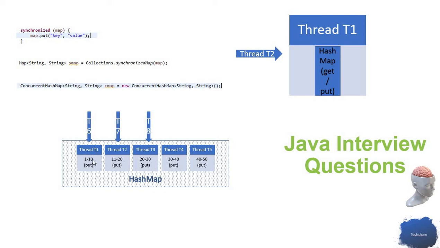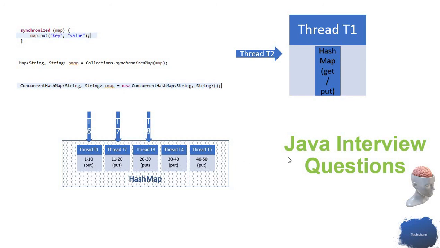Let's say thread 1 is accessing the first segment with records 1 to 10, and T2 with records 11 to 20. Similarly, T5 has the last, records 40 to 50. So the first 5 threads have been given permission to write a record.